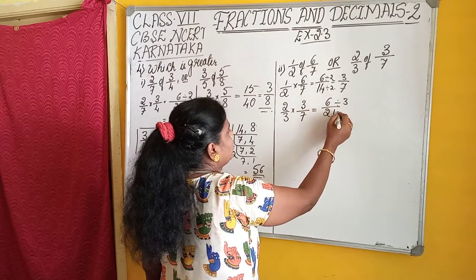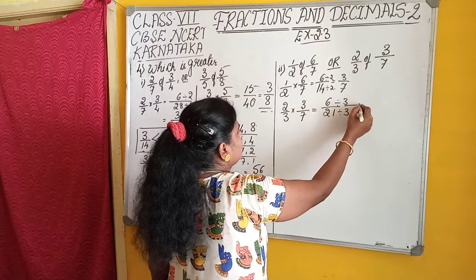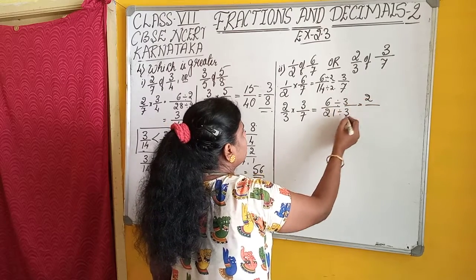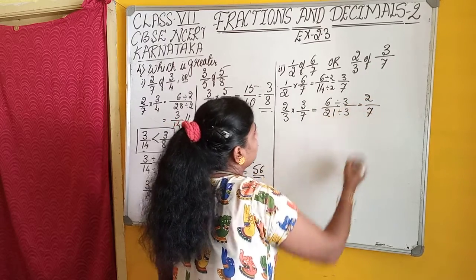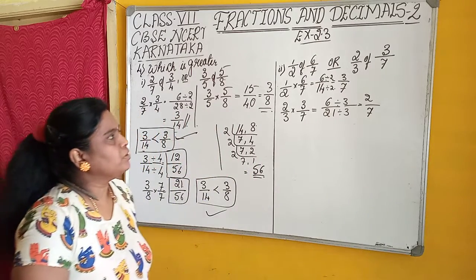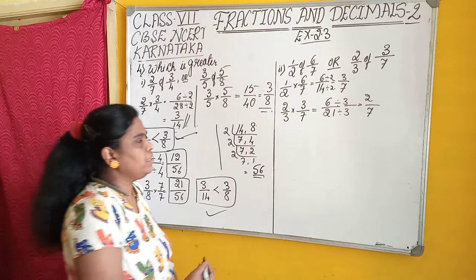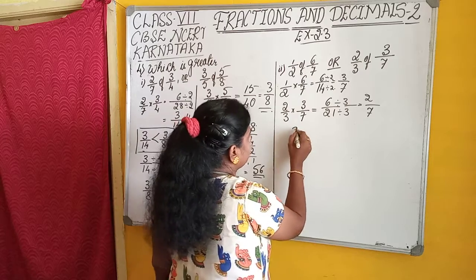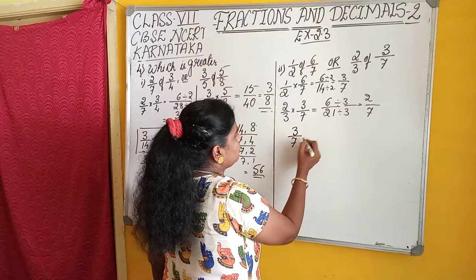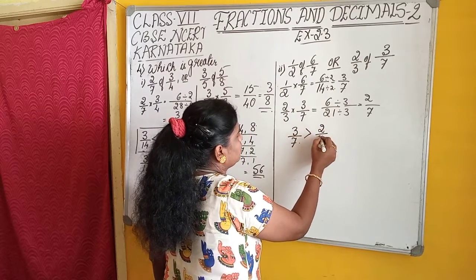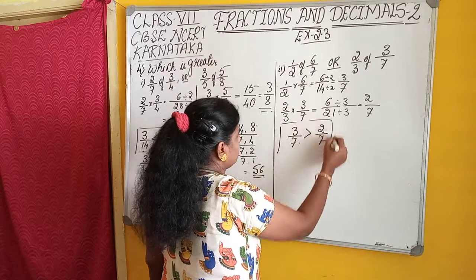Both are divided by 3, that is equal to 2 by 7. Here both of them have the same denominators, so we can compare: 3 by 7 is greater than 2 by 7.